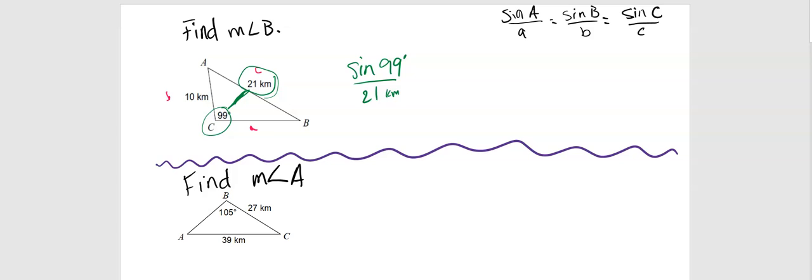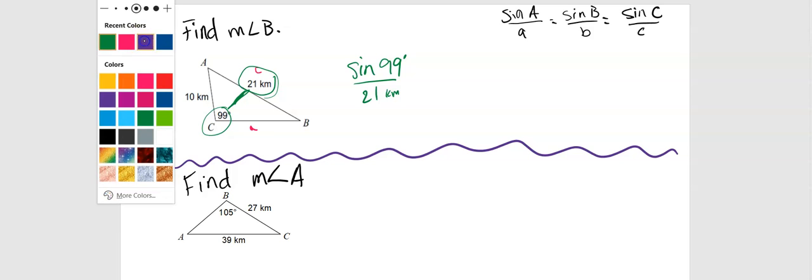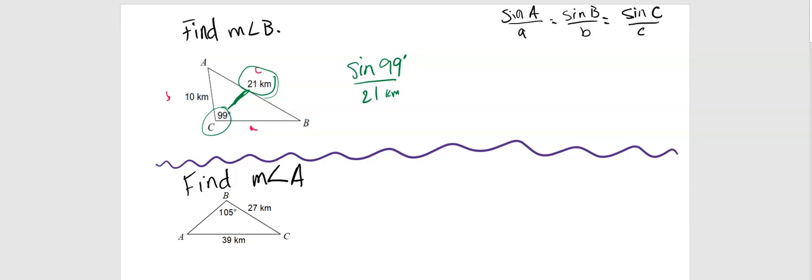Okay, that's not bad. I'm going to switch to a different color really quickly. Now, let's find another proportion. I know I have side little b, and that's the angle I'm looking for. I'm looking for the measure of angle B. So these two right here correspond as well. However, when I set this particular proportion up, since I don't know my angle, I'm going to leave that all by itself and put 10 in the denominator.